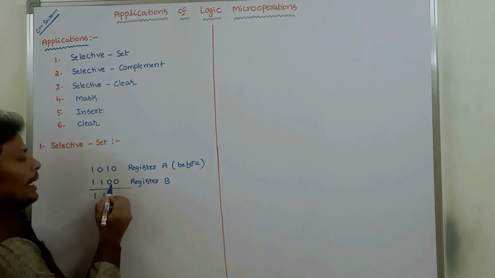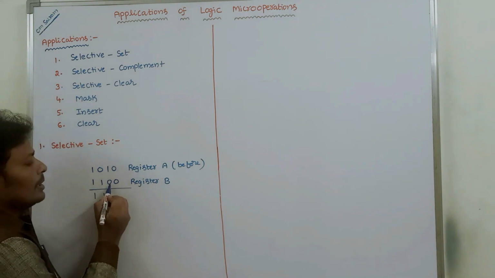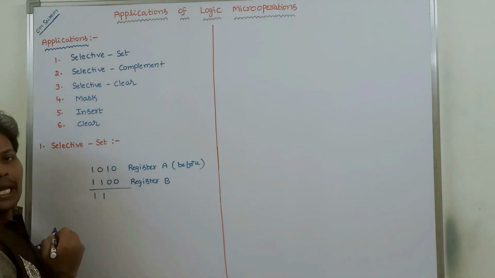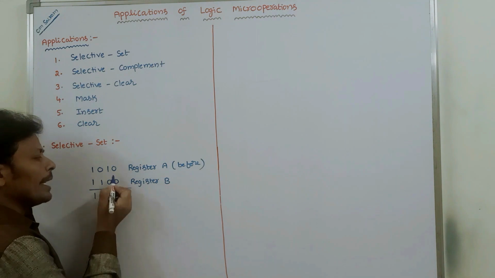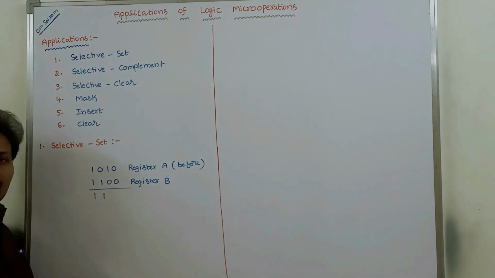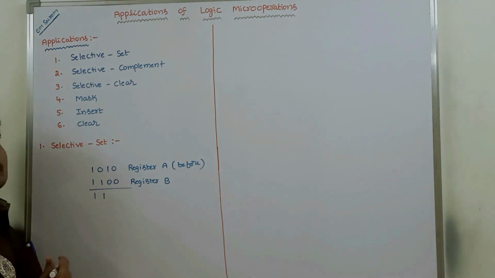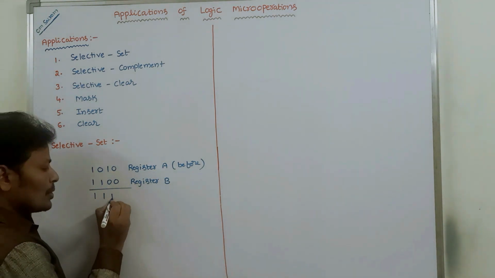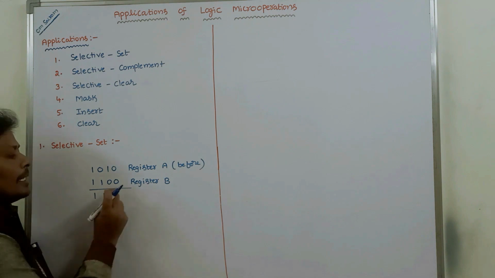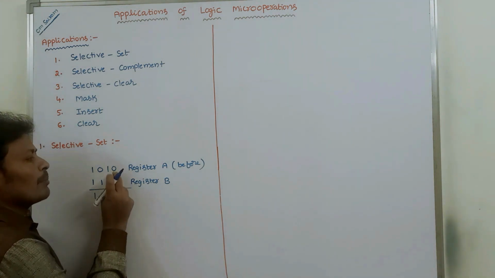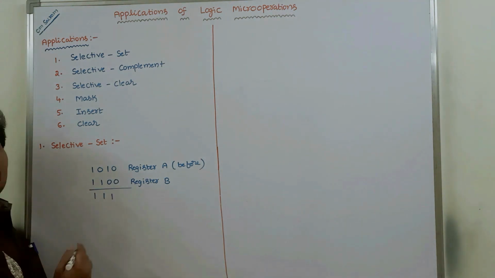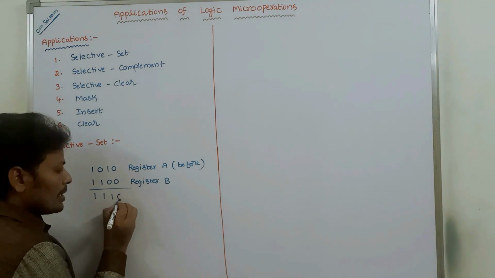Next, in register B, any 0 bit: the corresponding bit in register A does not change. Here 0 is there, and the corresponding bit in register A is 1. There is no change at all. Here 0 is there, and the corresponding bit in register A is 0. There is no change at all.